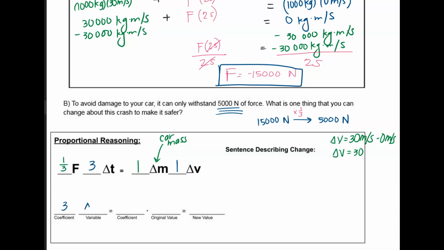So what that will look like is we increase it by 2 seconds, and if we increase the time of the crash to 6 seconds, that will make it safer, right? But that means we'd have to increase the crumple zone or reduce the change of speed. So that means our initial speed would need to change to 10.